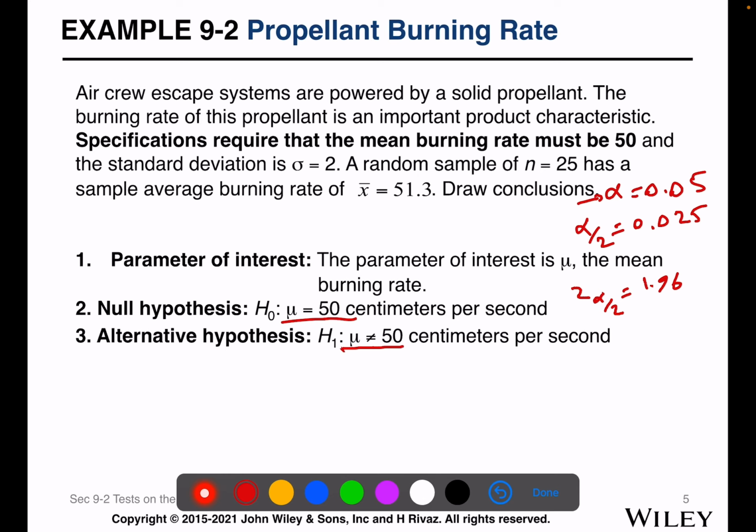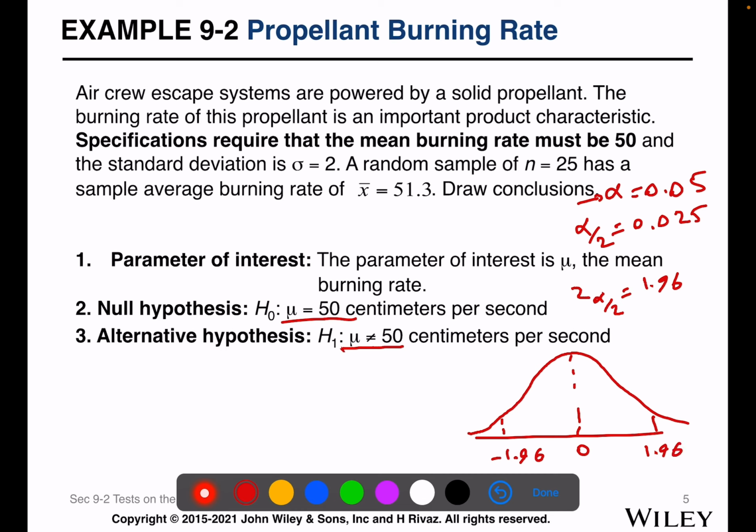And the reason for that is we say that this is 0, this is minus 1.96, and this is plus 1.96.